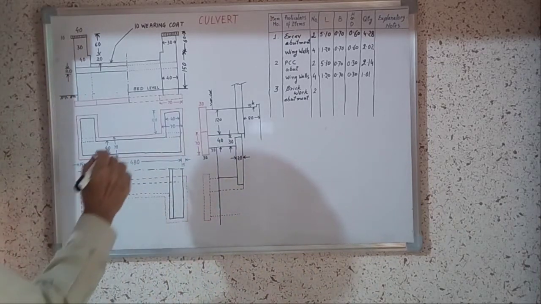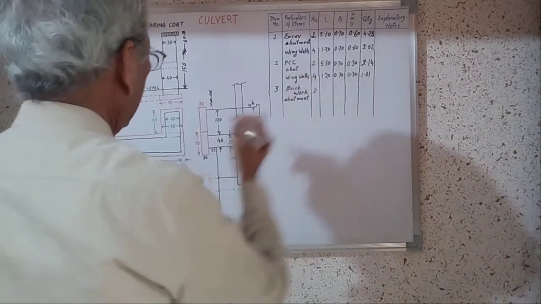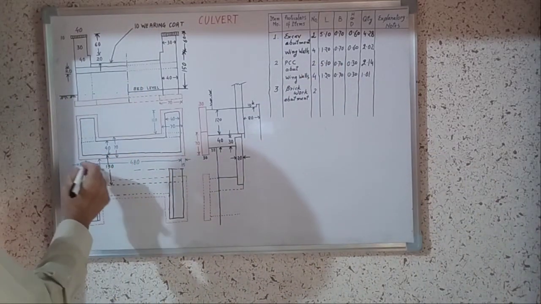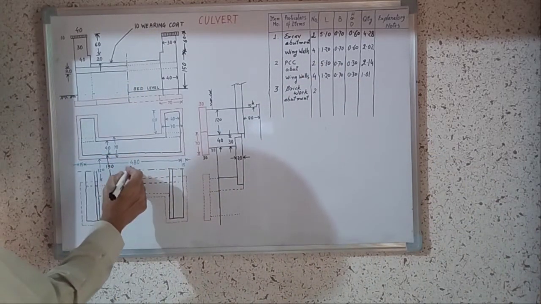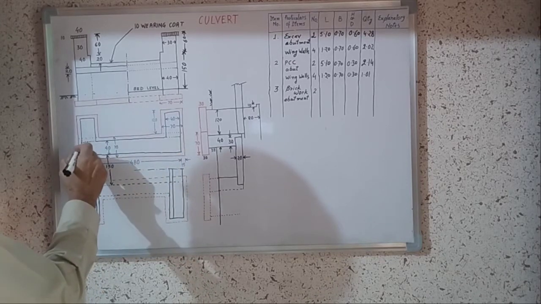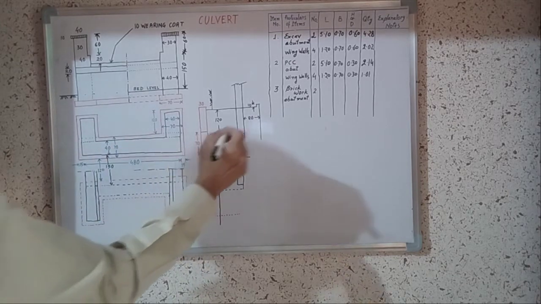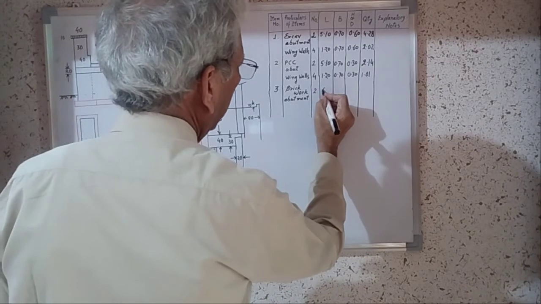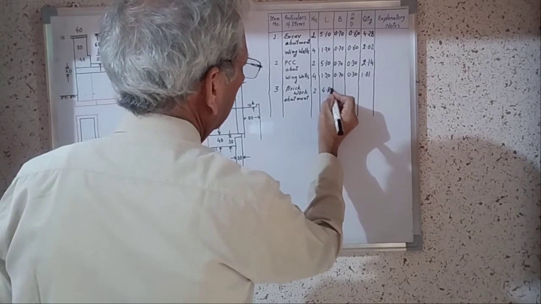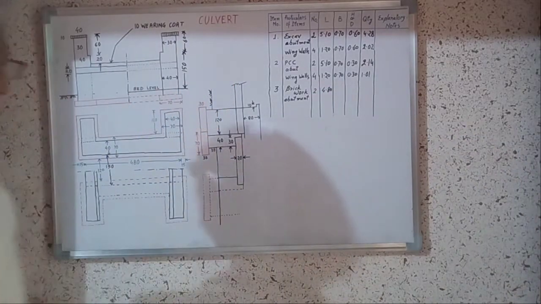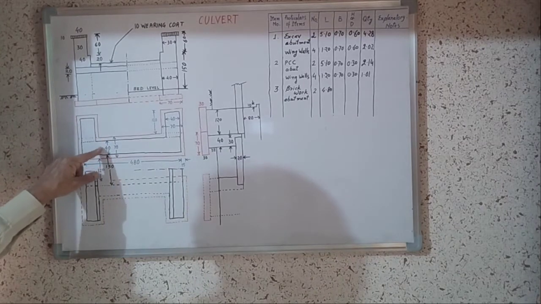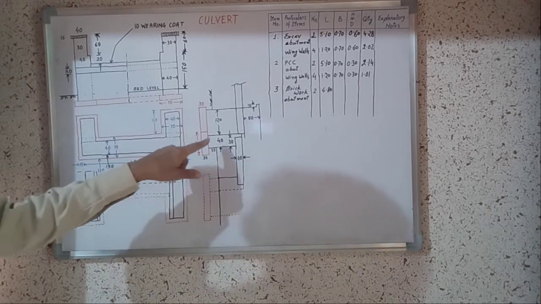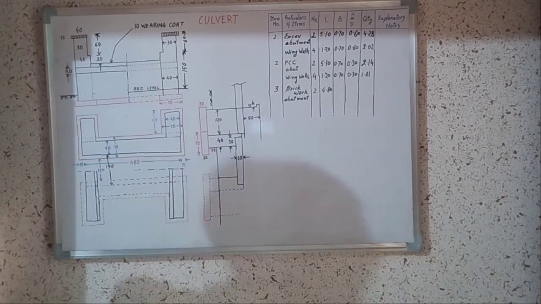Similarly, on this side, 2 number of abutments, and length will be 480. From this point up to this point, it will be 480 centimeter. And width of this brickwork is 40 centimeter.